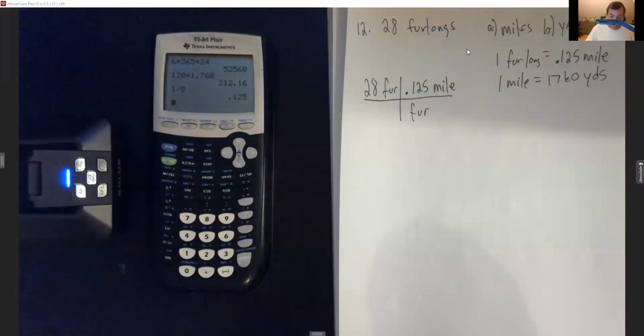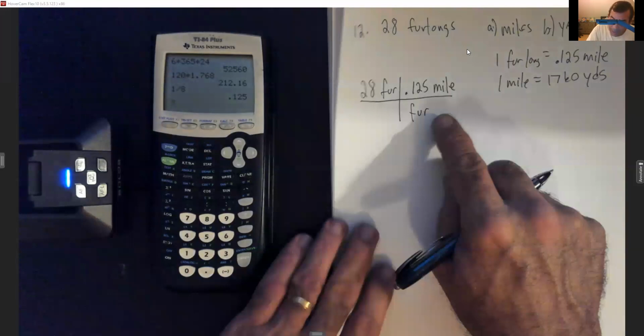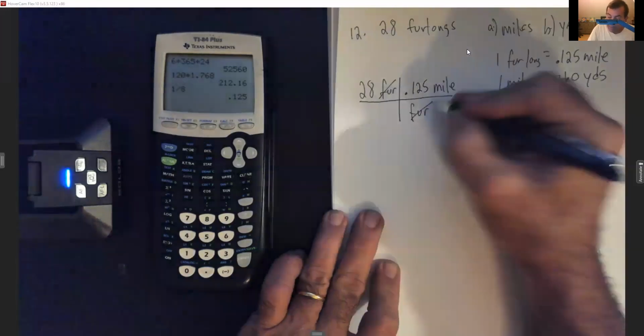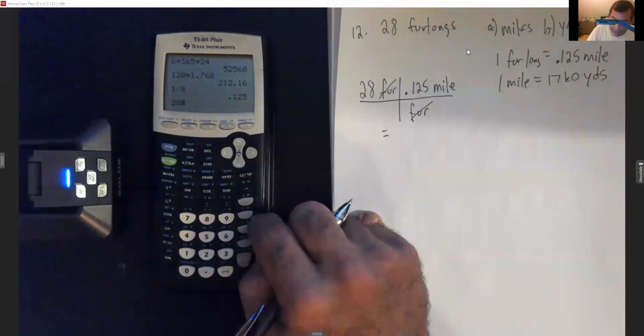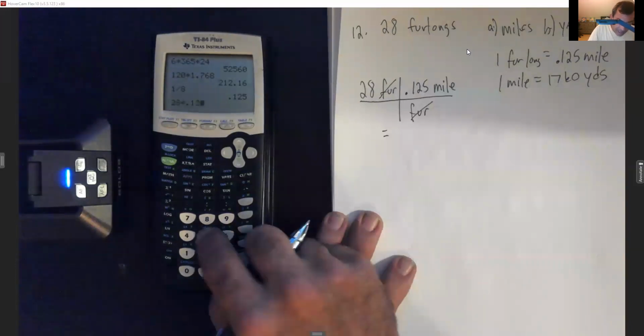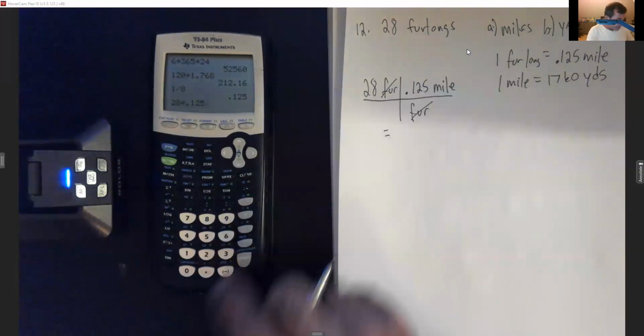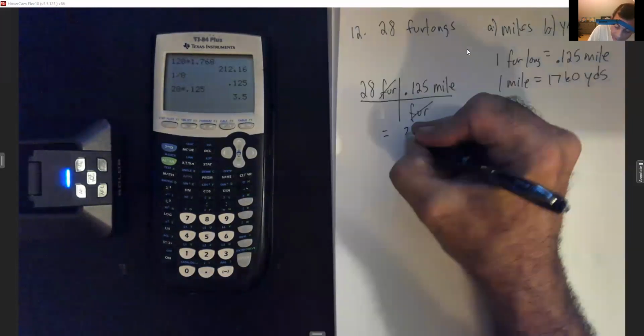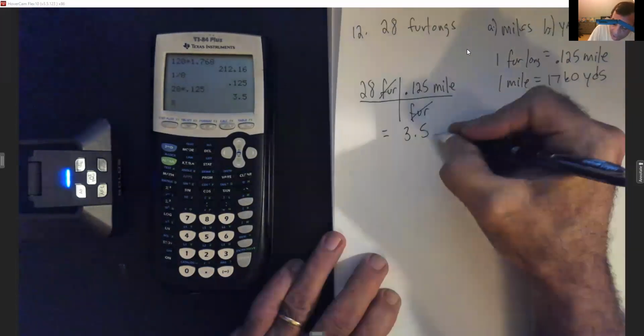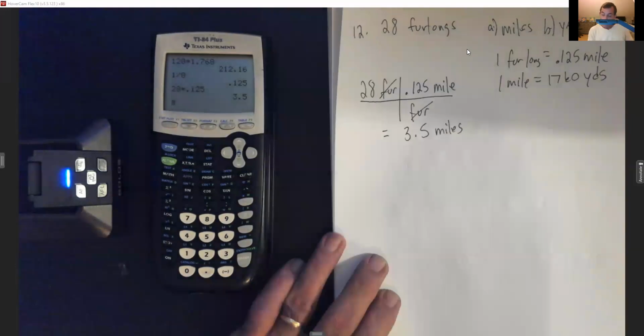Alrighty, so for this one, I'm going to cancel my furlongs, and I got my answer. So that'll be 28 times 0.125. And y'all, let's see, what am I getting? 3.5 on number 12. And that'll be in miles. Okay.